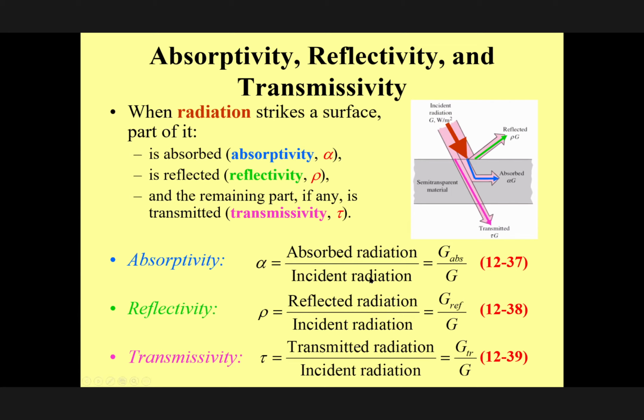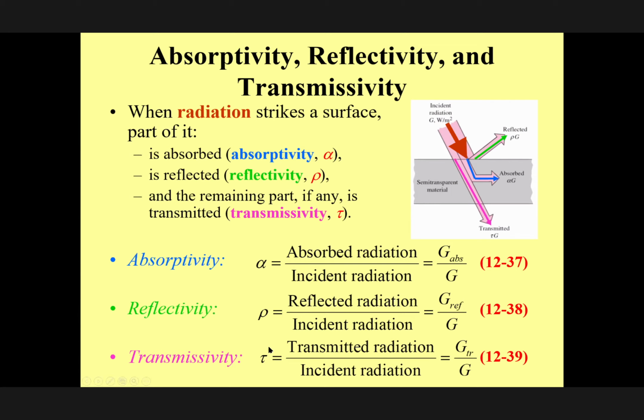We call it incident radiation. Reflectivity, here rho, means the portion of energy reflected from the surface. Reflected is different from emitted, my friend. It is reflected from the surface to the total that comes to the surface. Transmissivity is the portion of energy transmitted through the material to the total that comes here.